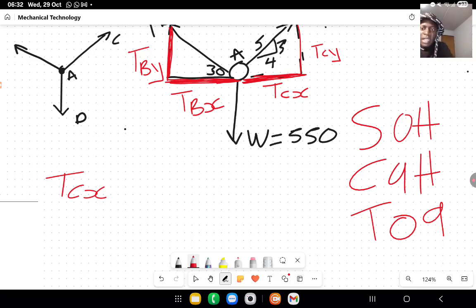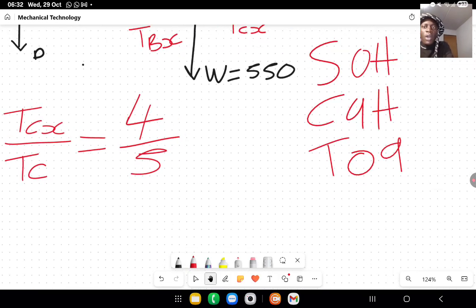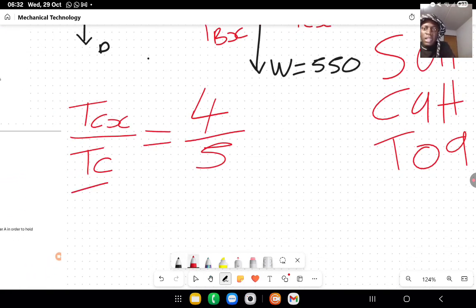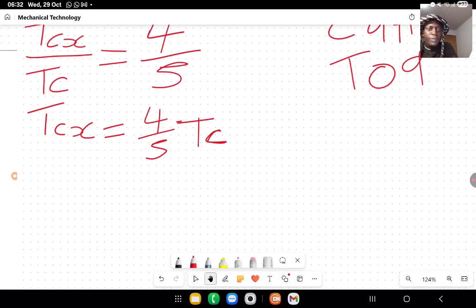TCX divided by TC is equal to 4 divided by 5, adjacent over hypotenuse. Making TCX the subject of the formula, TCX equals 4 over 5 TC. We are now done with TCX.